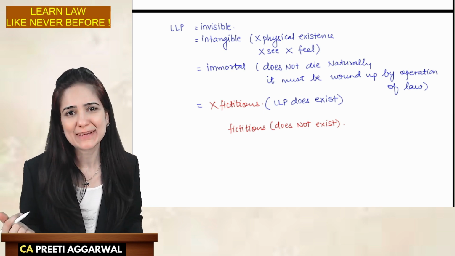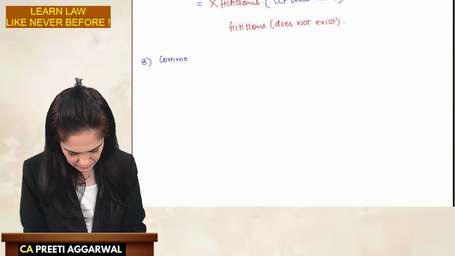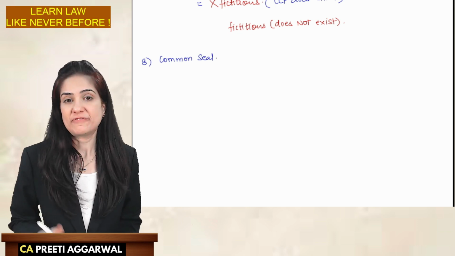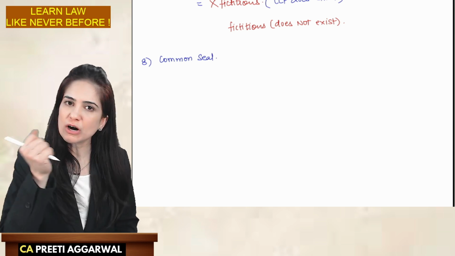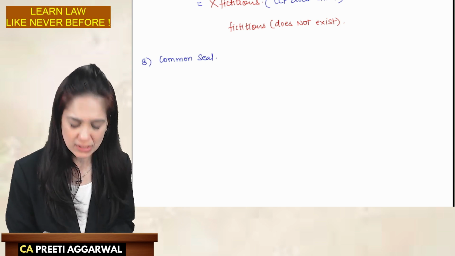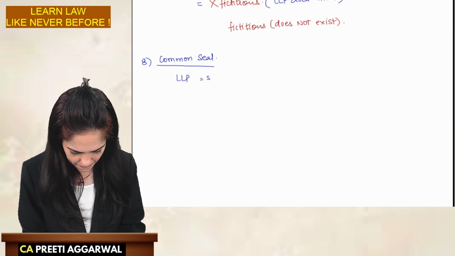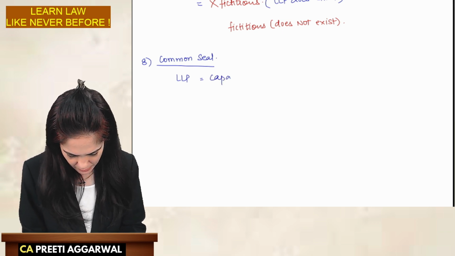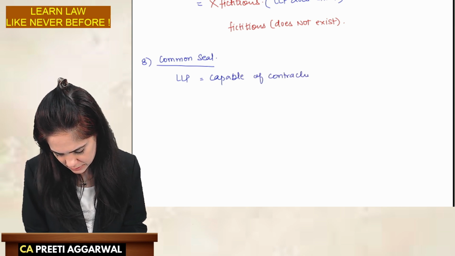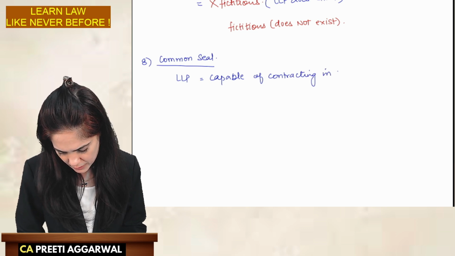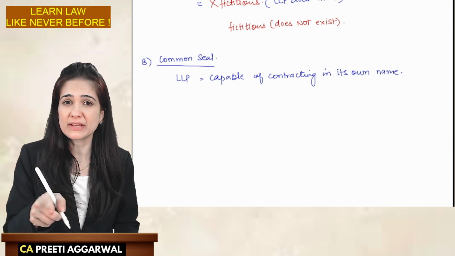It has a common seal also. Now, common seal. If LLP is a separate person capable of contracting, you will have to affix some signature on the contracts. So you can write that LLP is capable of contracting in its own name.